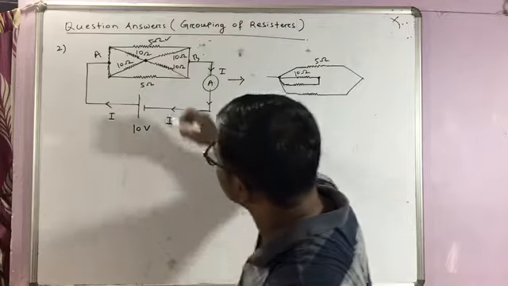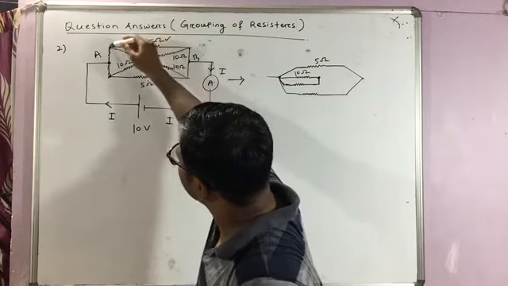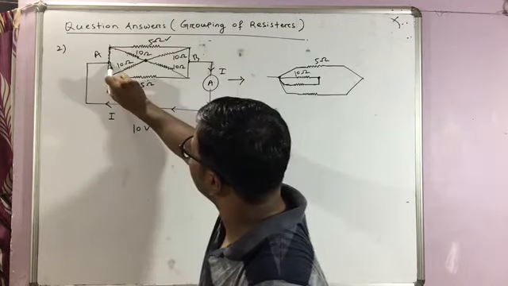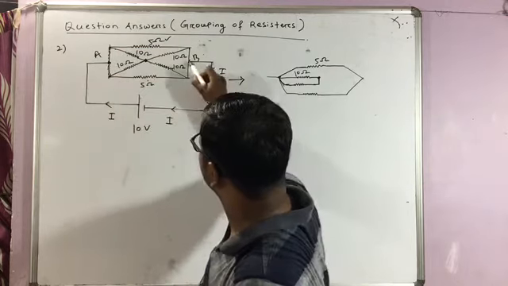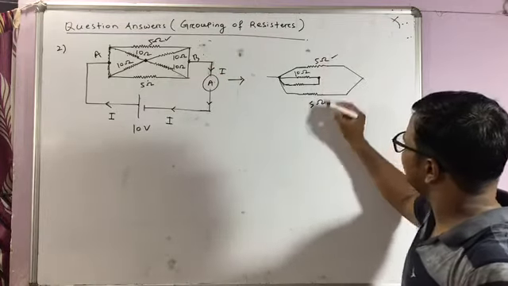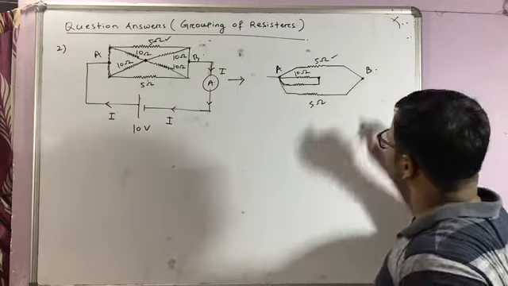Or if you see here, this 5 ohm, one end is connected to end A, and the other end is directly connected to B. That's why this 5 ohm and this 5 ohm I have connected to end A here and end B here.